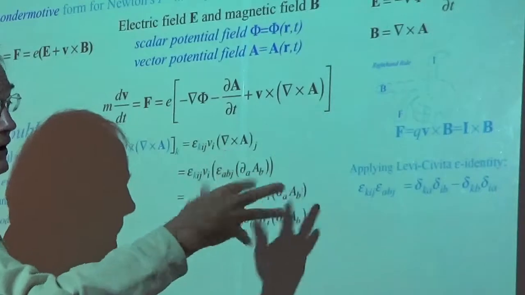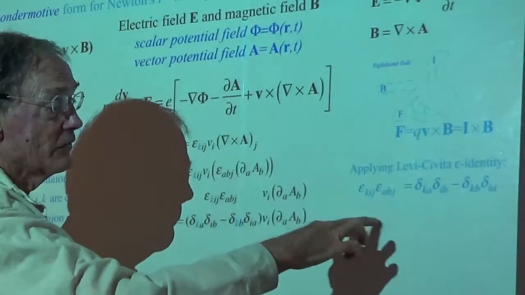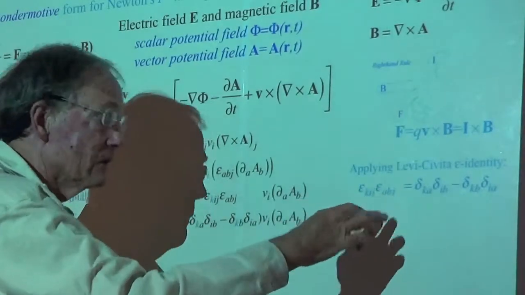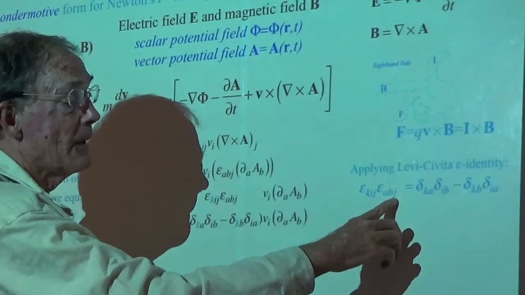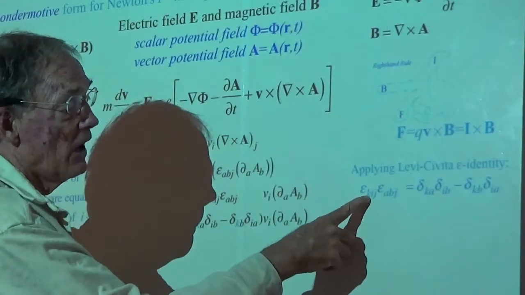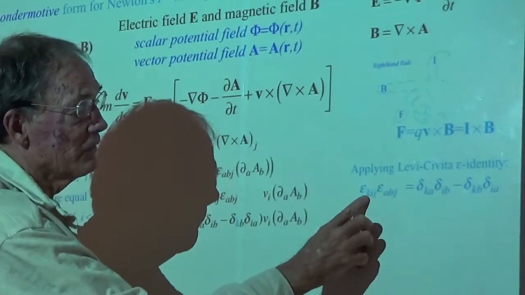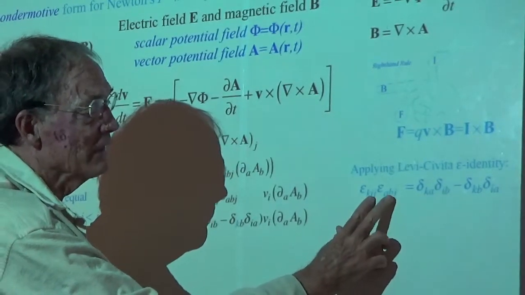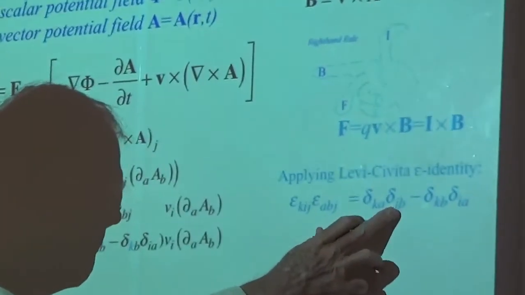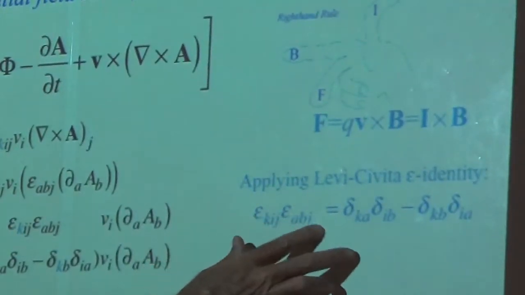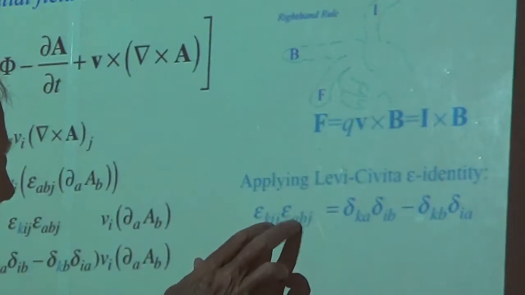Of course, I can cycle the j through to any of the positions, provided I do it in a way that leaves an even permutation. Then it's going to be equal to a plus sign in front of the case where k and a are equal, while i and b are equal. And obviously they'll have to be equal to different numbers in order for these things to not be 0.